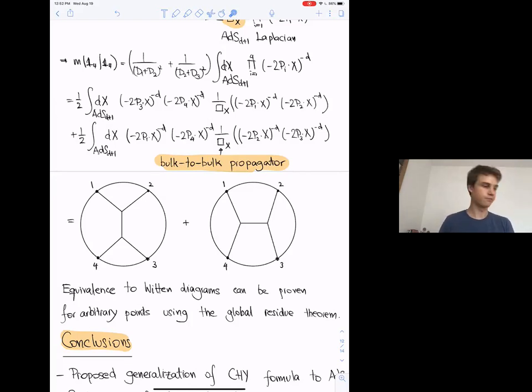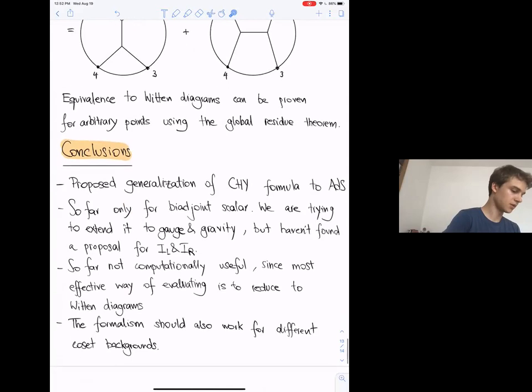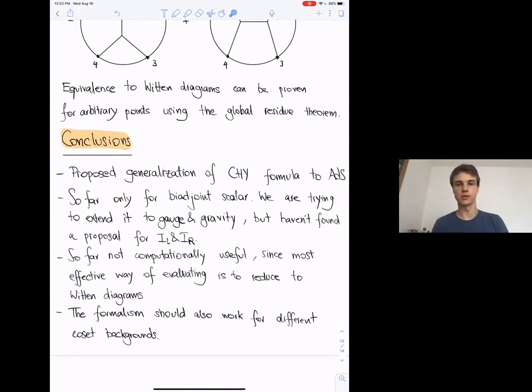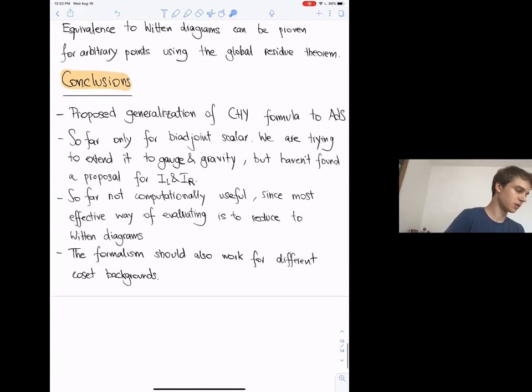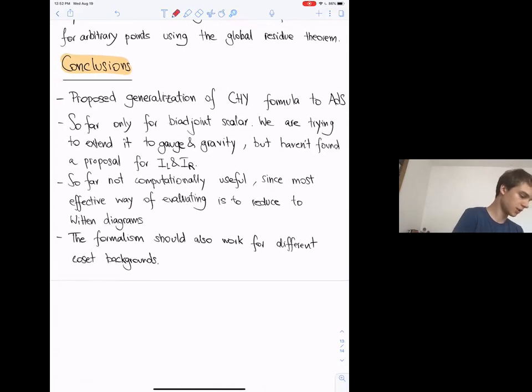Right, so I think I'm almost at the end. So let me finally conclude. So what we have done is to propose a generalization of the CHY formula to ADS. And so maybe let's write the formula one last time to recall it. So we want to integrate over the moduli space of punctured spheres.